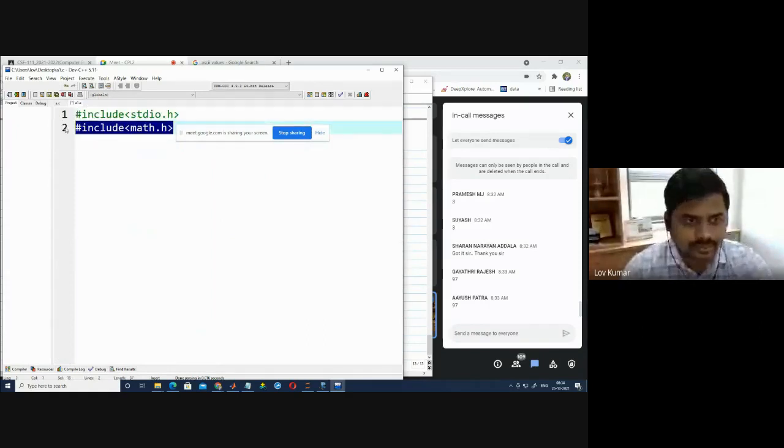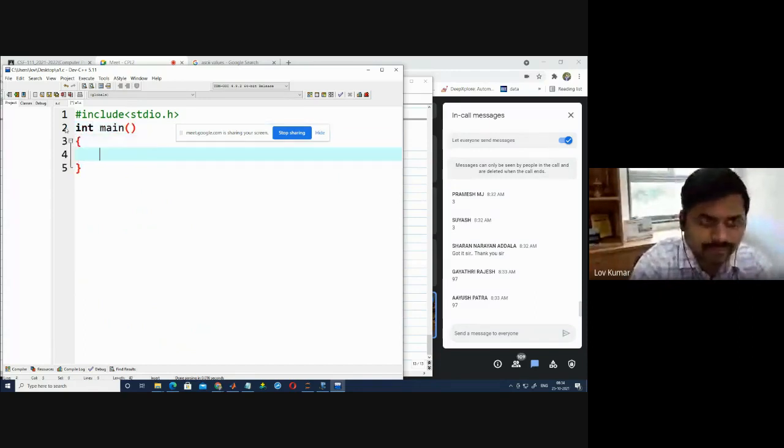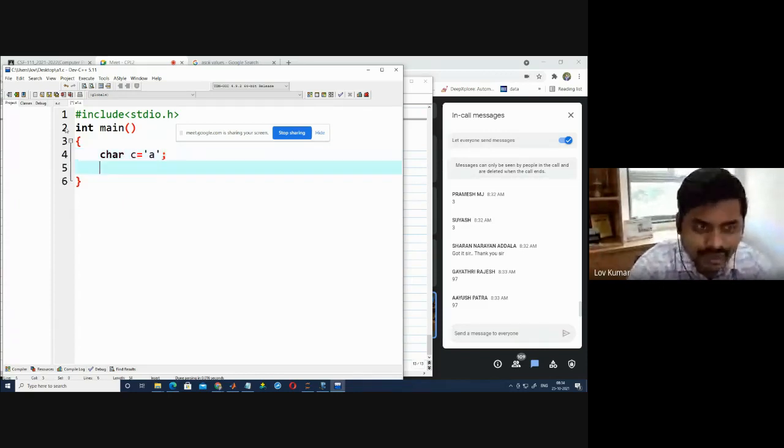There's no need to write the math header. Main. Now we are assigning character a to C, and you are going to print the value of C. If you are writing percentage e, C.